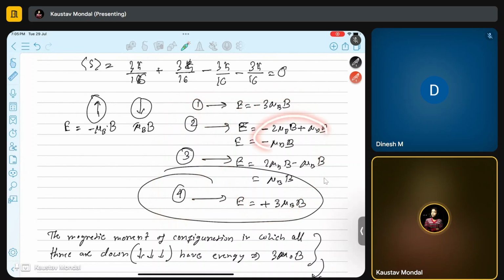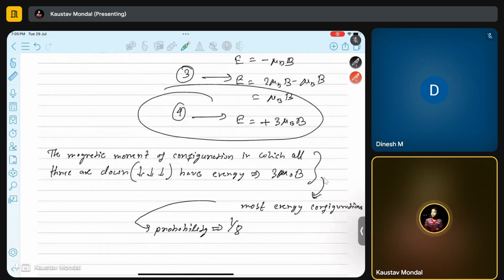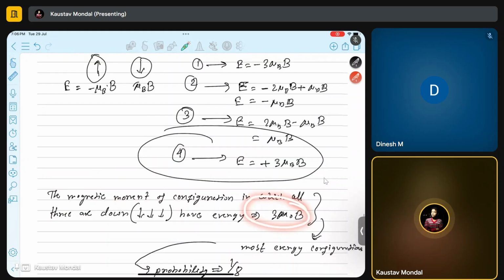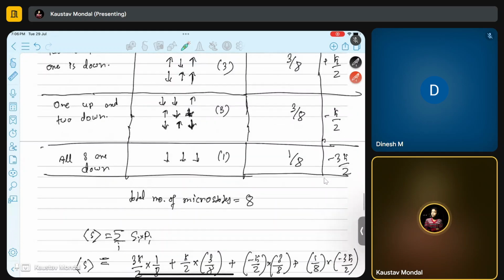In the second case, minus mu b b. In the third case, plus mu b b. In the fourth case, it's plus 3 into mu b b. So that means that the fourth case, where all the spin states are down, has the highest energy, and the probability associated with this highest energy configuration is 1/8. Okay.